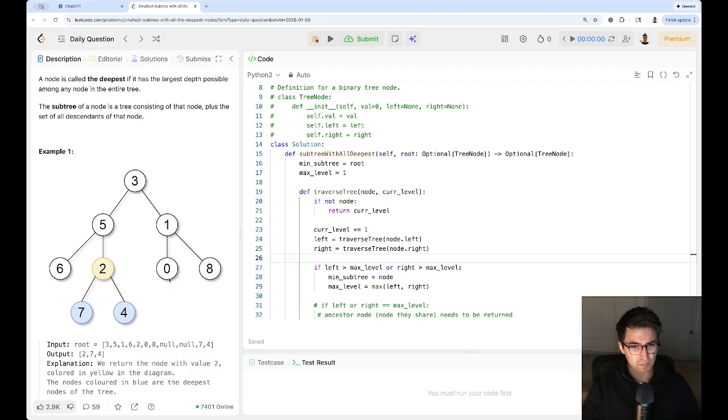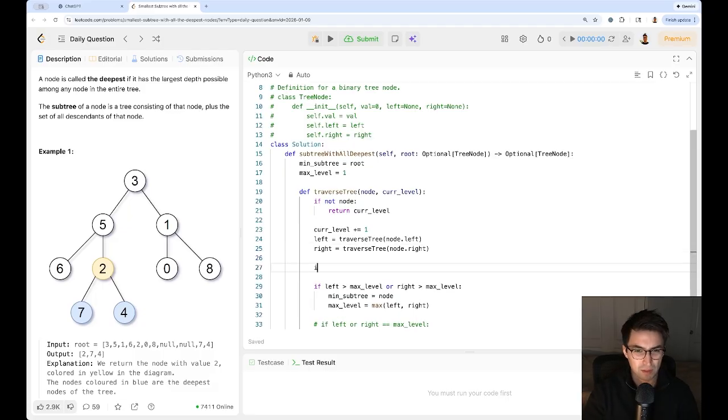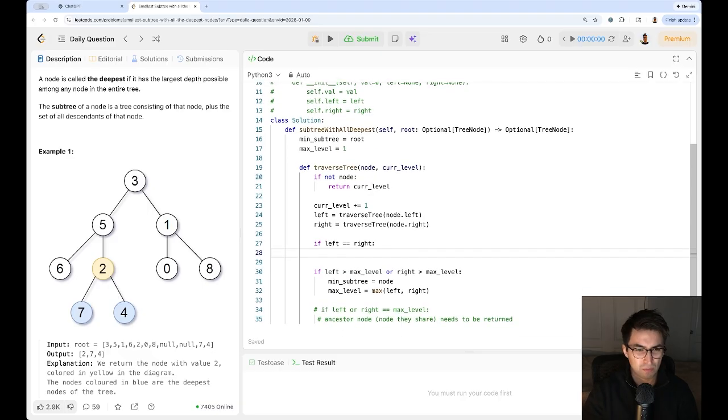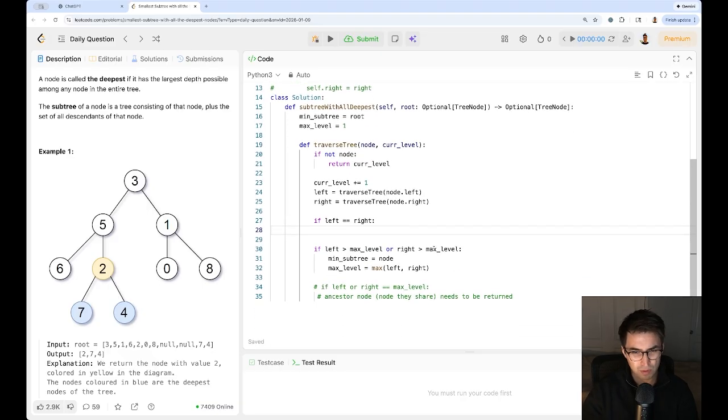Excuse me. So if that's the case, if left is equal to right, then does the min subtree equal the node?